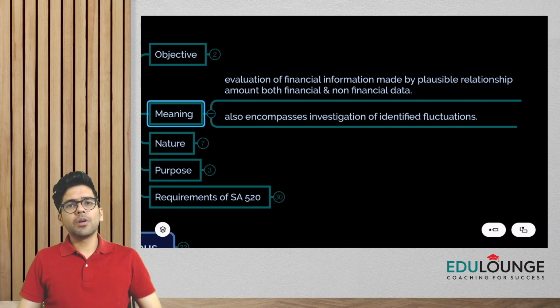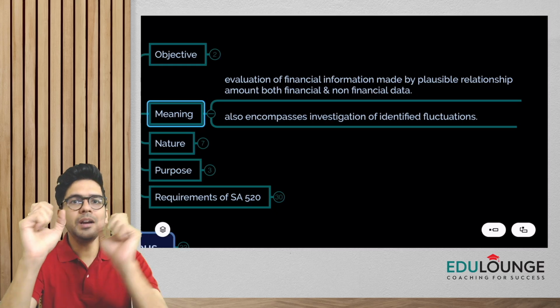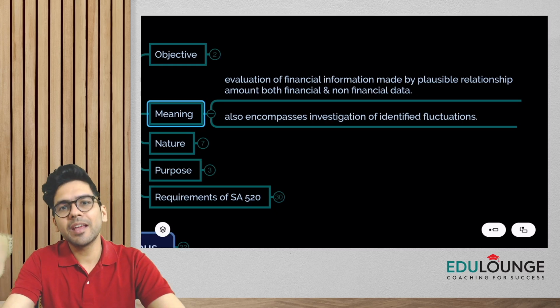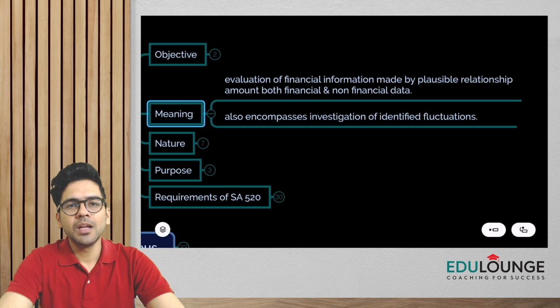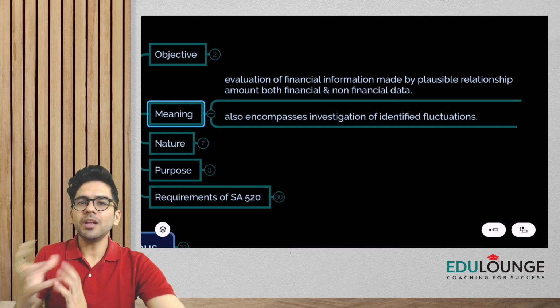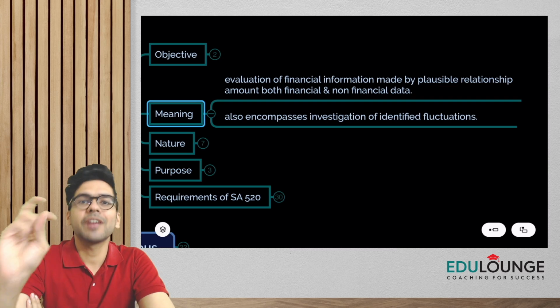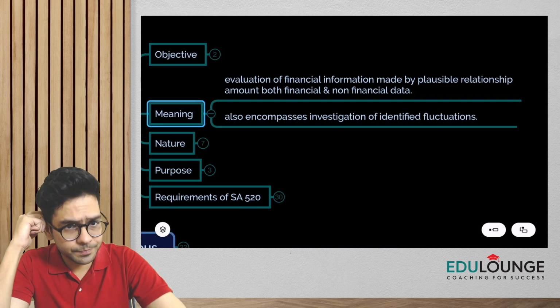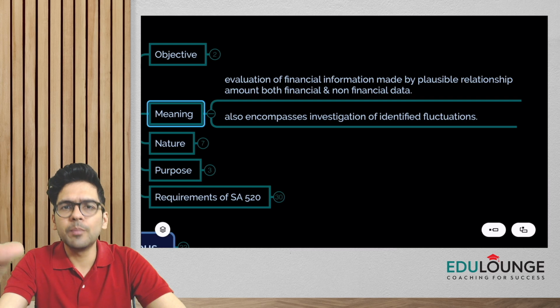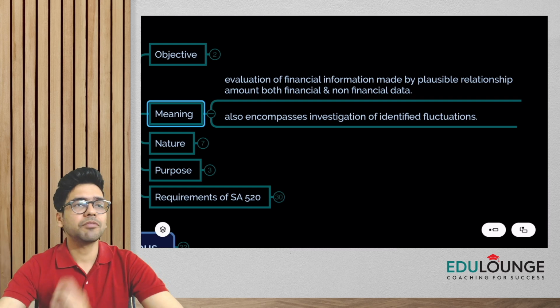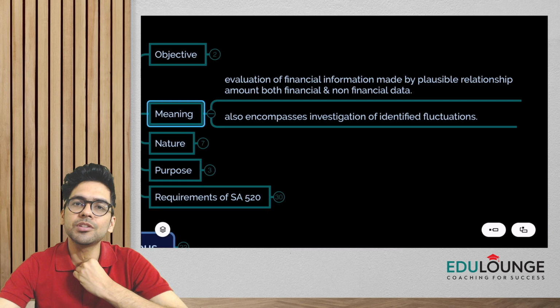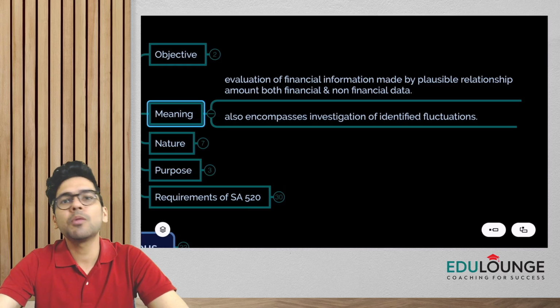So I can understand the financial information by analyzing only financial data. For example, when I say GP ratio, now GP ratio is a calculation based on the financial data only, right? We'll take the elements of the financial statement. But let's say, guys, if I want to see the average salary which is paid to an employee, so here what is it that I have to do?